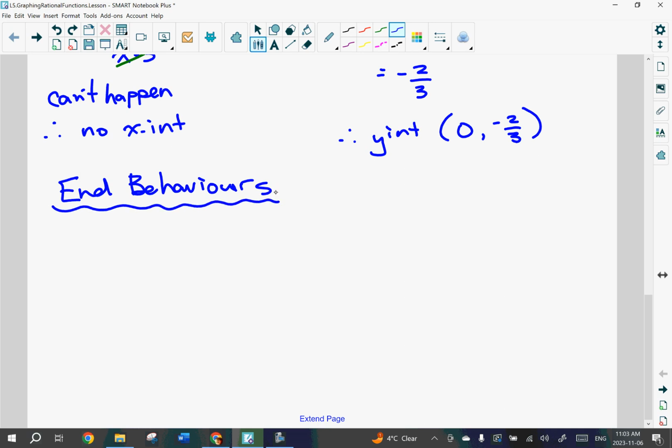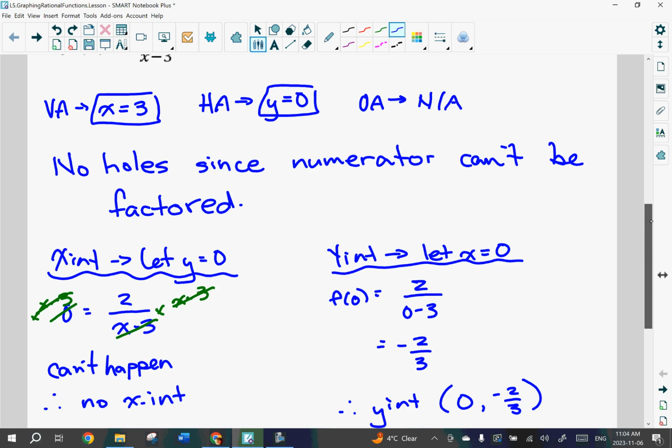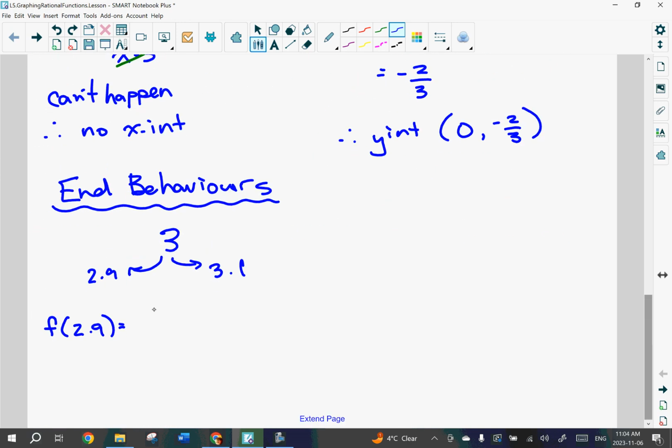Slow down the writing. So if 3 is our value, my preceding is going to be 2.9 and my following is going to be 3.1. So f of 2.9 is going to be 2 over 2.9 minus 3, which equals negative 20.